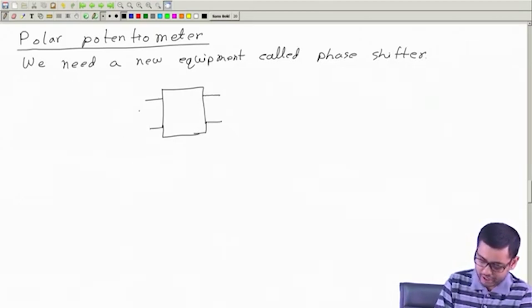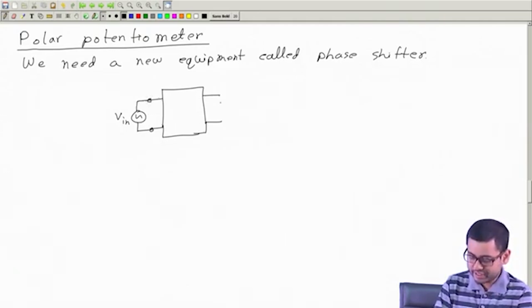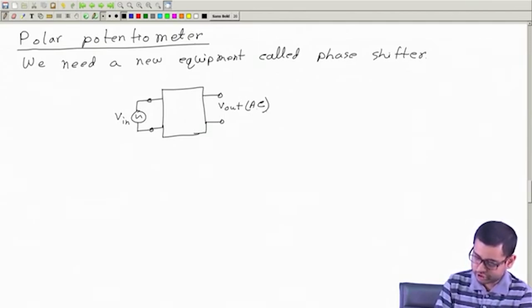You can give an input voltage V in, AC of course, and we will get a voltage V out, once again AC, and the frequency of the two will definitely be the same.